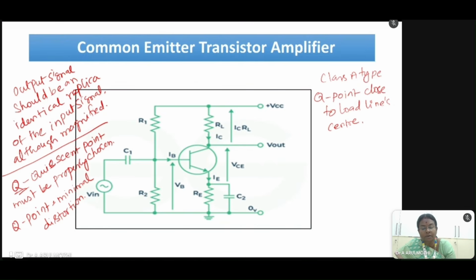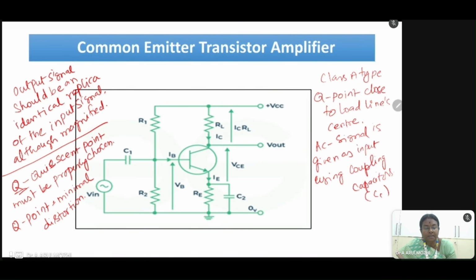So the AC signal is given as input using coupling capacitors, that is C1.